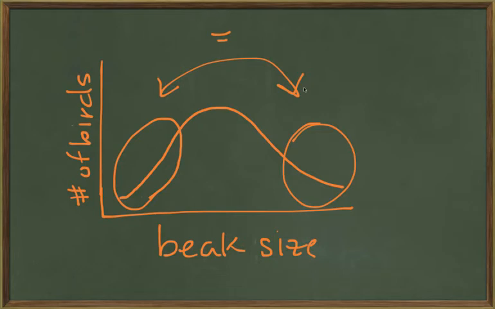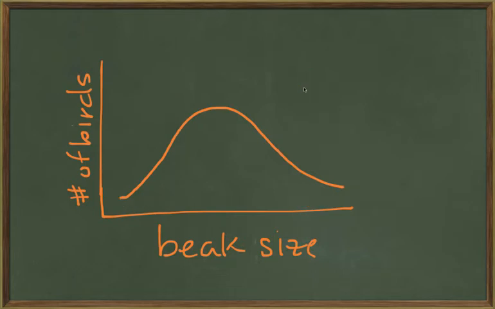With a directional curve, what happens is one of the ends is going to be selected for, and that will cause a shift in the bell curve, and it kind of gives the change in beak size. So for this one, I'm going to choose this end of my bell curve.